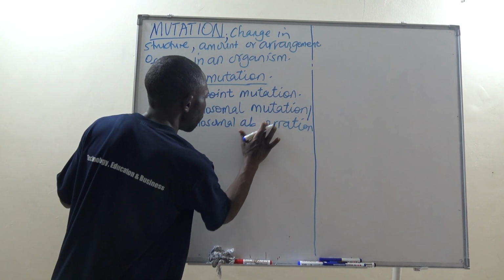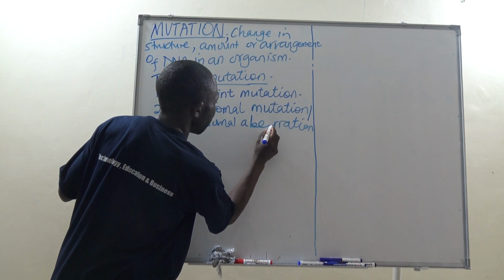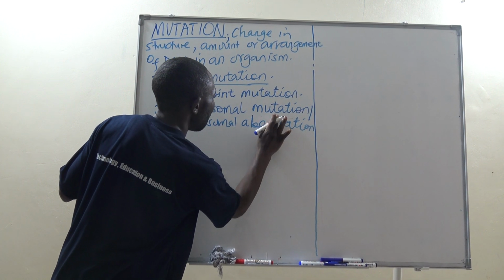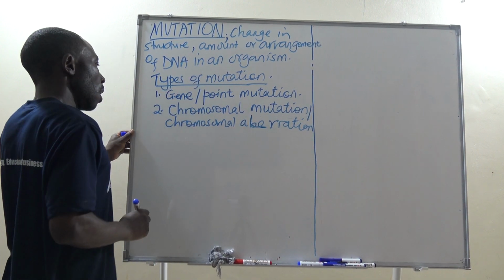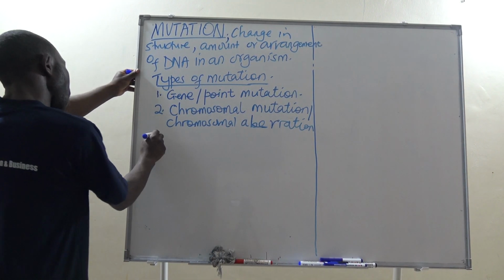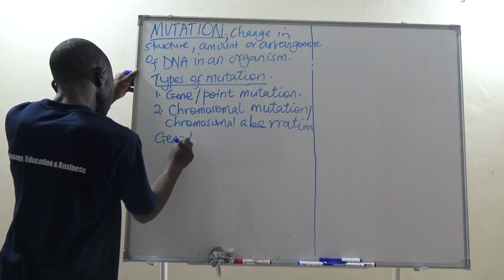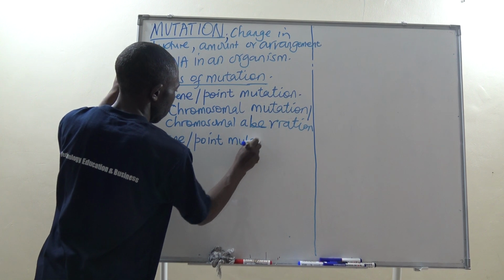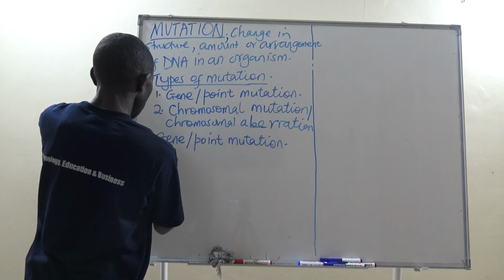It's supposed to be a single B. Aberration. Chromosomal aberration, like that. Now, let us talk about gene or point mutation.